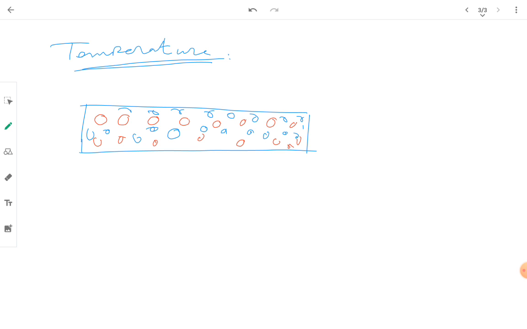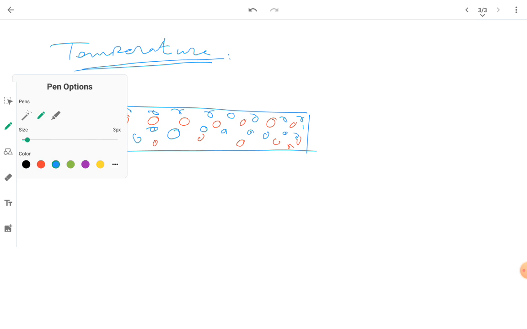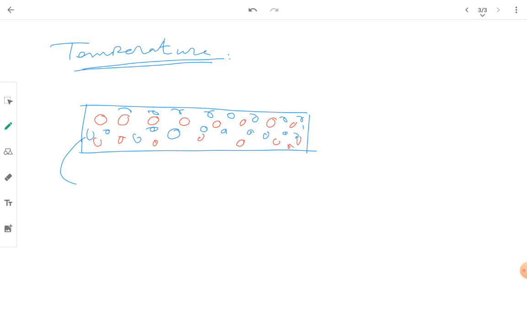Now here we can say that if we are taking the average, this one is kinetic energy plus this one is potential energy. If we add kinetic energy and potential energy, it becomes the heat energy.